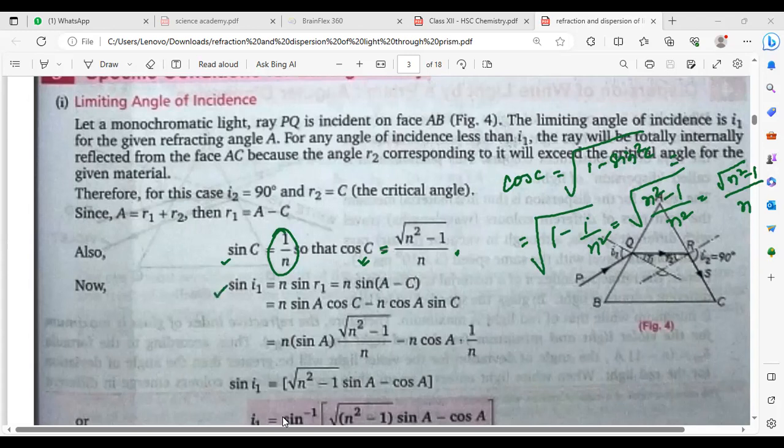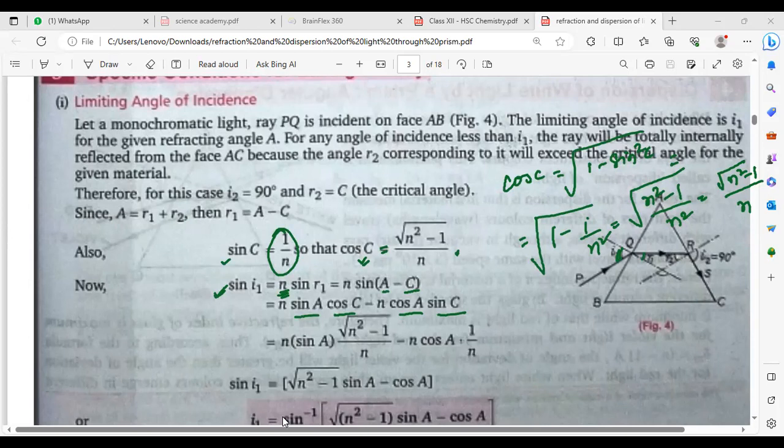Next thing is sin I1 by sin R1 should be equal to mu, refractive index of the material. Sin R1 is equal to sin A minus C. Sin A minus B is equal to sin A cos B minus cos A sin B होता है, तो यहाँ पर B के बदले C है.